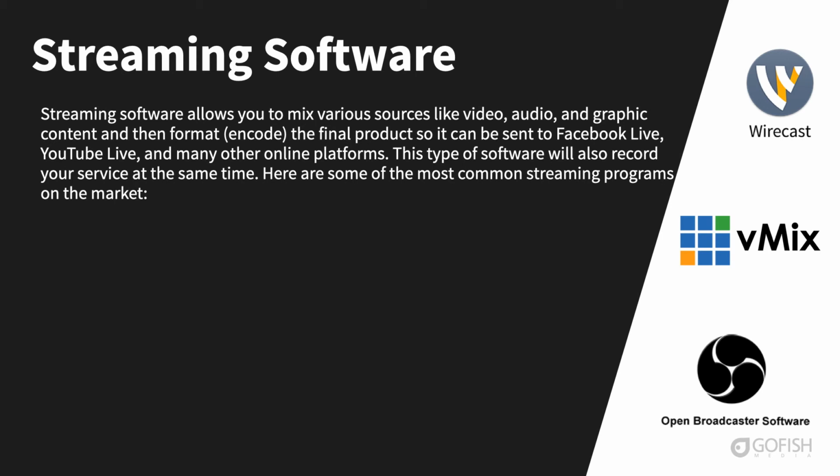So the three most popular streaming programs on the market, especially among churches, start with OBS Studio, which is a free piece of software. It's available on Mac or PC, and it does the core functions of encoding and recording, and it allows you to stream out to Facebook and YouTube. It even has NDI support.